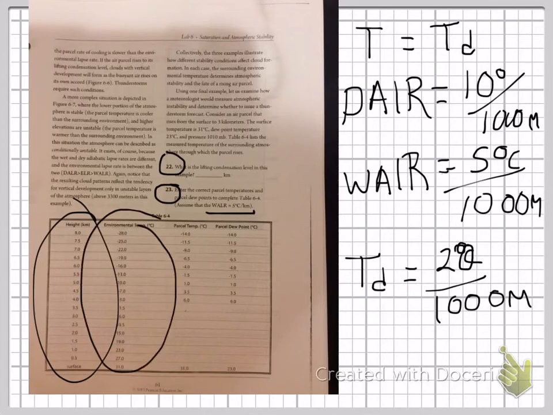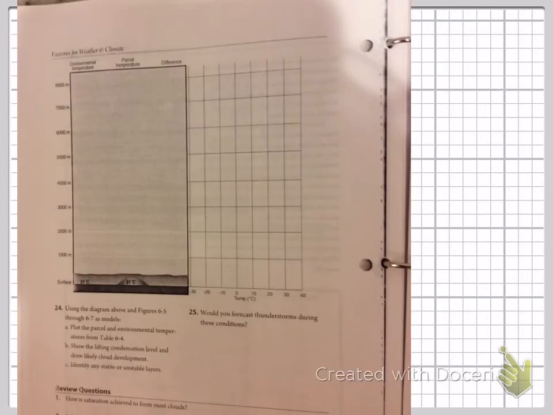The final step, after you fill out this table and answer where the temperature and the dew point temperature meet, so this relates to this part, is to map it. You're going to graph over here the environmental lapse rate line, the dew point line, and the line for the actual air parcel.